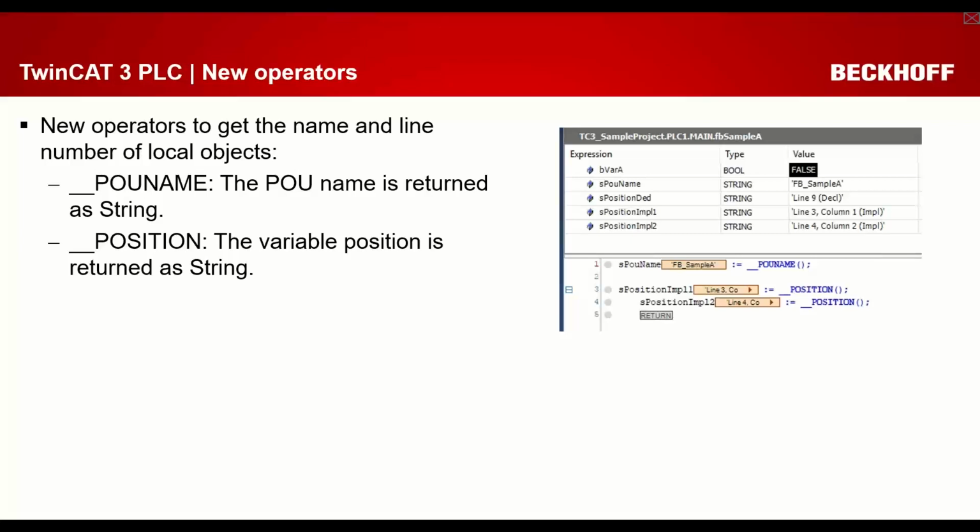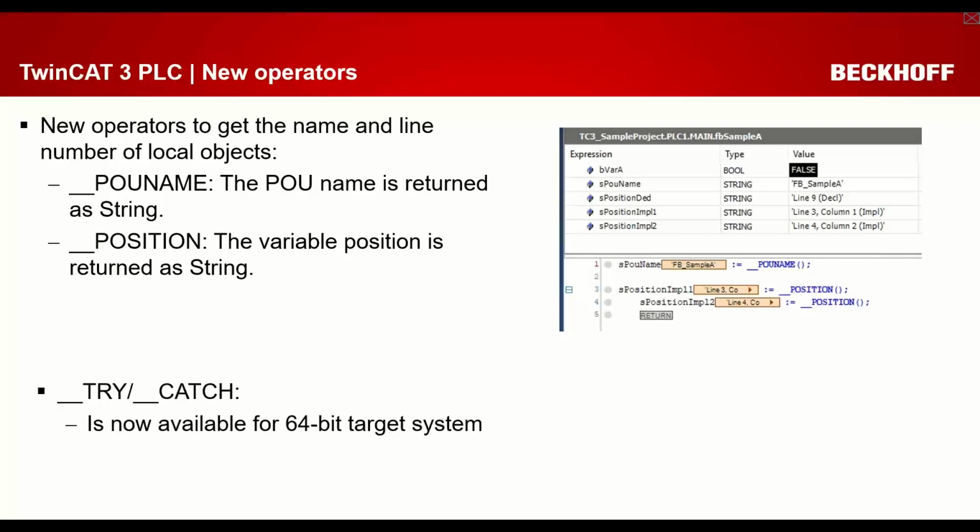This also returns a string, but in this case, the line number and column number is saved. In the sample, you can see that column 1 and 2 are set in the two different samples. Columns always means characters which are added already in this line. It really helps to get certain information locally in your FB.